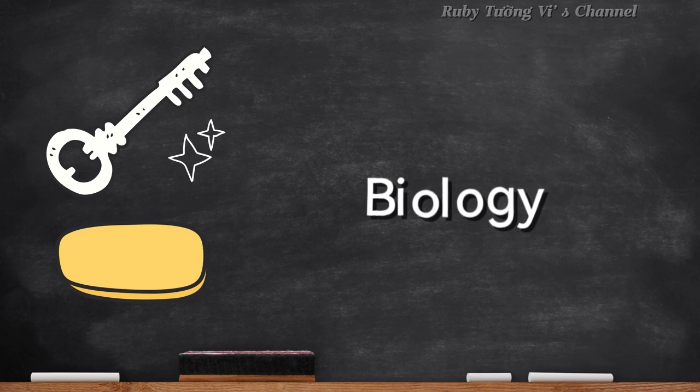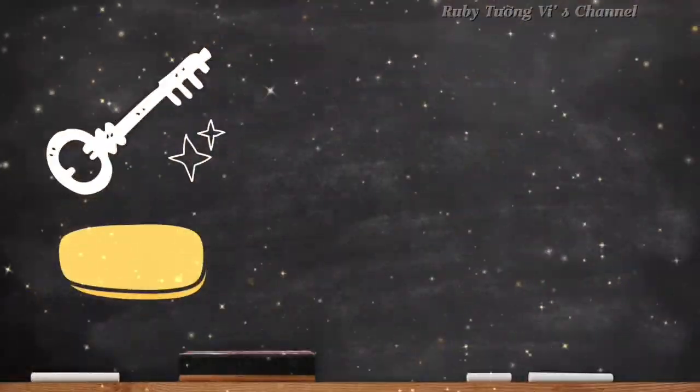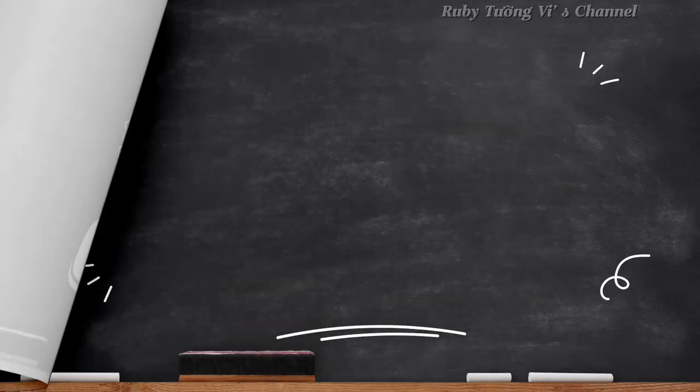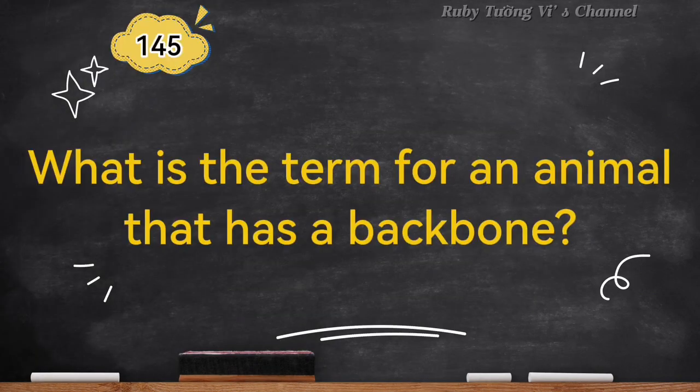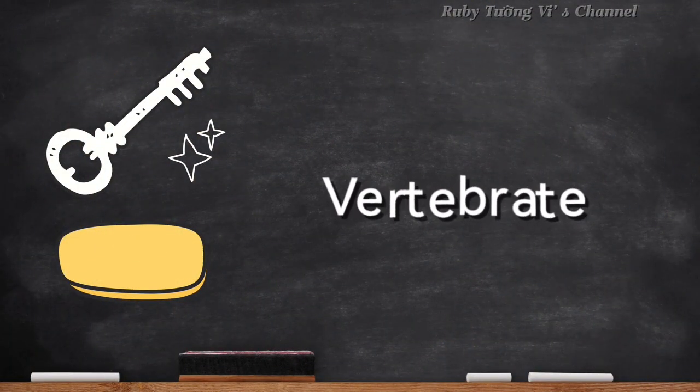Biology. What type of biome is characterized by very low temperatures? Tundra. What is the term for an animal that has a backbone? Vertebrate.